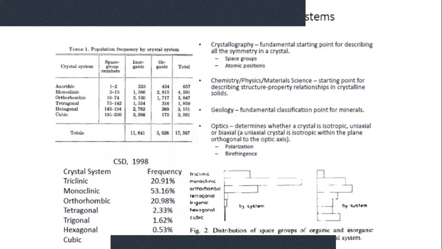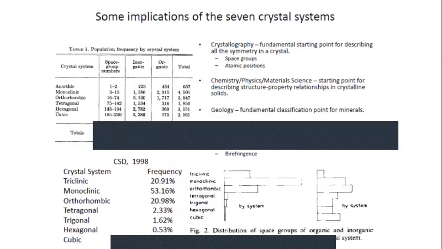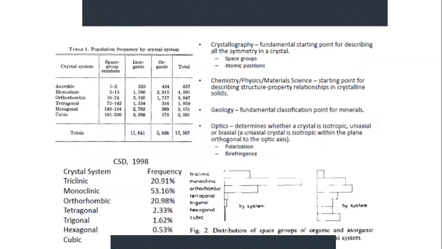So here I want to show you some interesting facts about the 7 crystal systems. And again, by knowing the crystal system and the symmetry, we're able to get eventually the space group and the atomic positions.